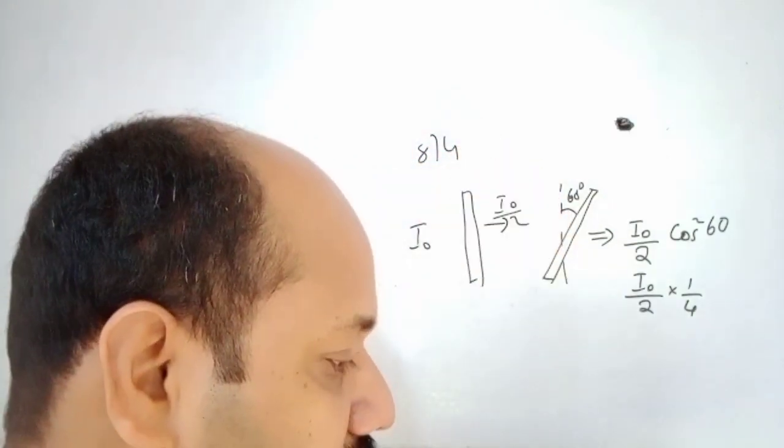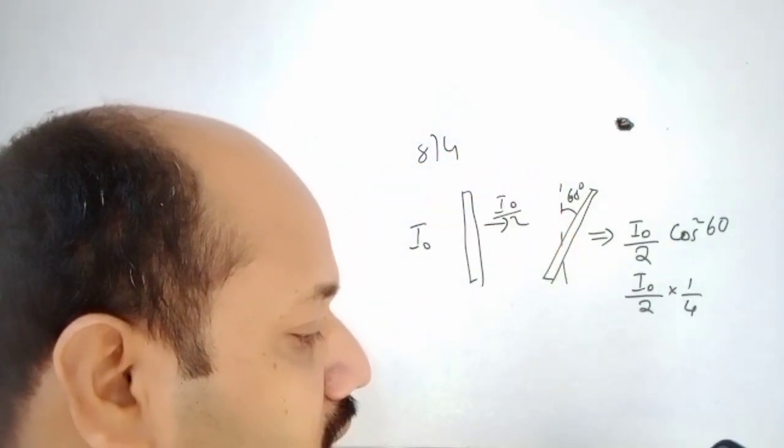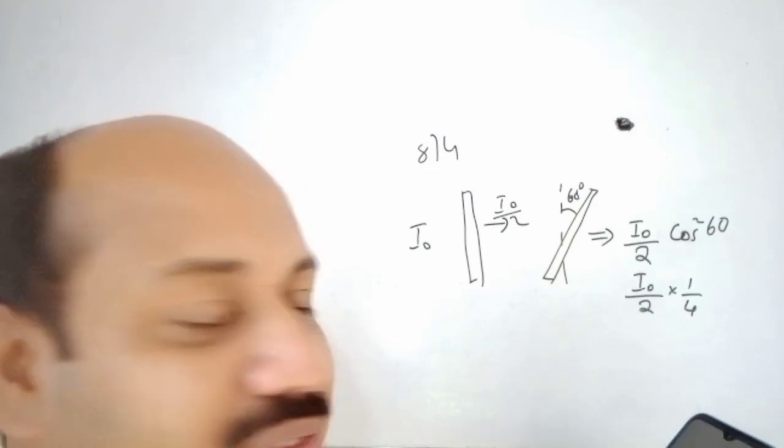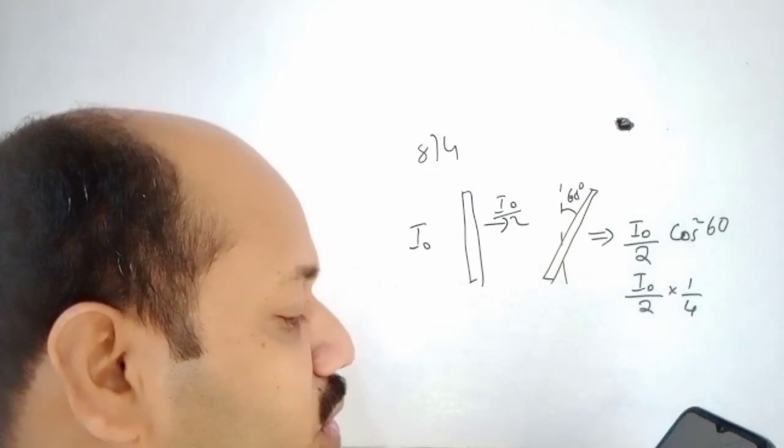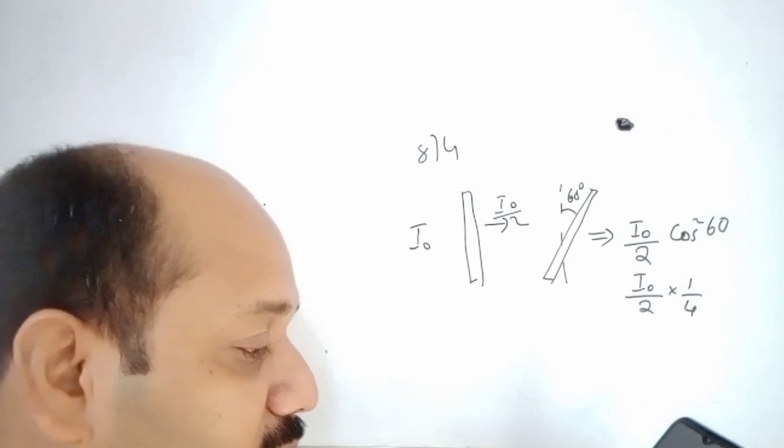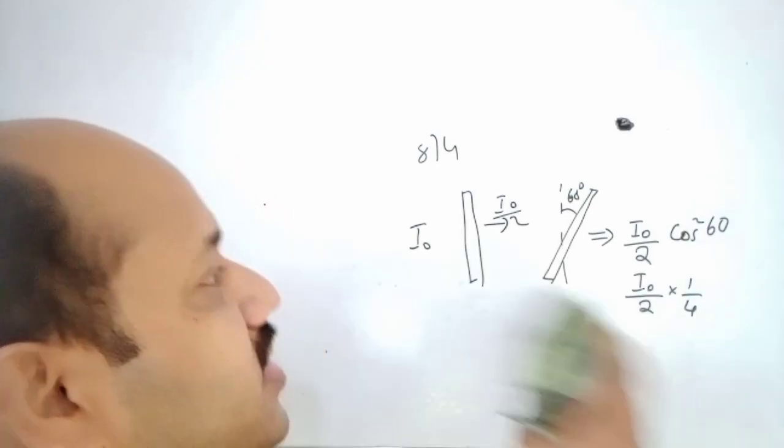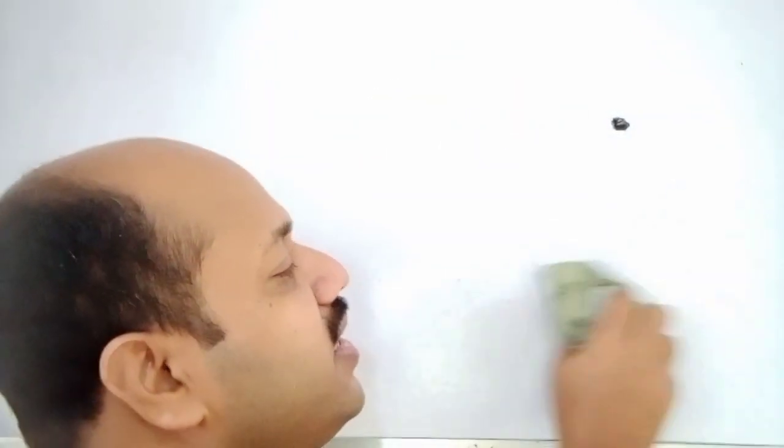Ninth question. Fraunhofer diffraction, that is single slit diffraction, we know that. The angular position of the first diffraction minimum: the phase difference between waves from opposite edges. I remember, whatever the conditions for dark fringes in Young's double slit experiment, the same conditions hold for bright fringes in single slit diffraction.